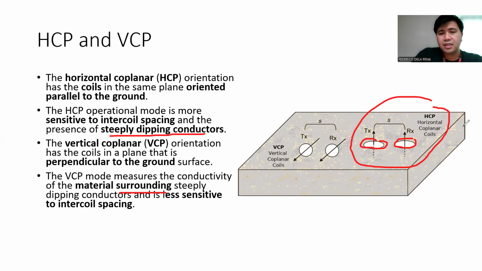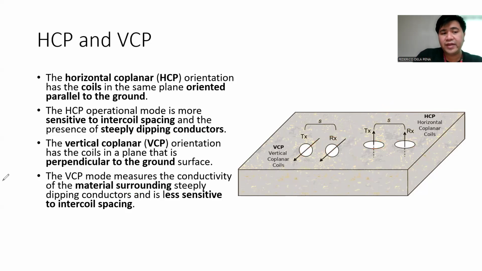Okay. As you can see here for vertical coplanar, you are getting the fields which are traveling horizontally. And the tendency for VCP is you tend to perceive objects which are quite deeper, and you tend to detect signals from the surroundings, okay, for VCP.